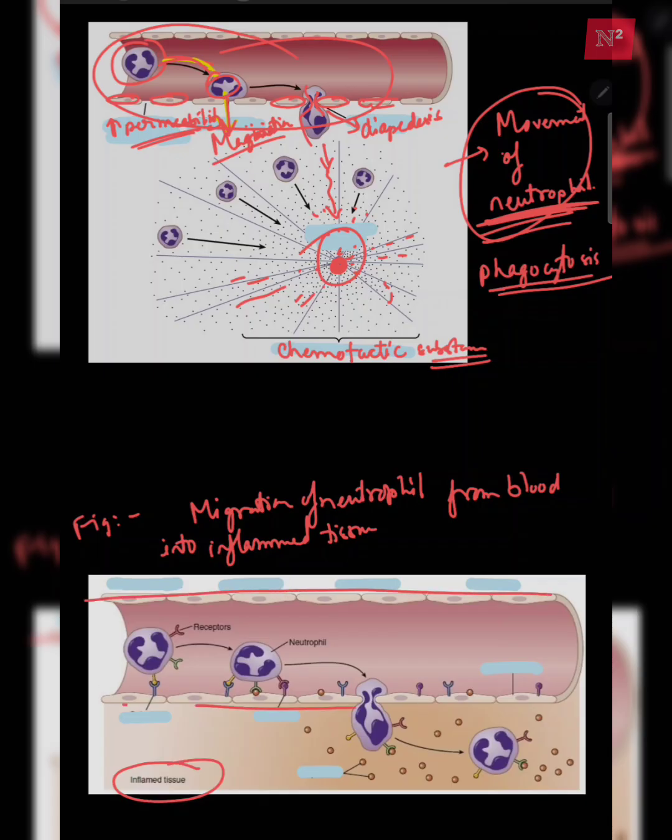The neutrophils will be moving around in the blood vessels. Now as soon as this blood vessel encounters some pathogens, or chemicals which are secreted as chemotactic substances, there is release of some cytokines by the tissues in the vicinity.